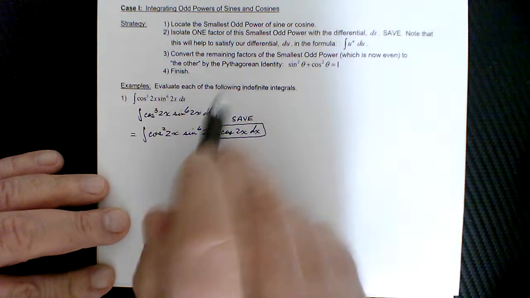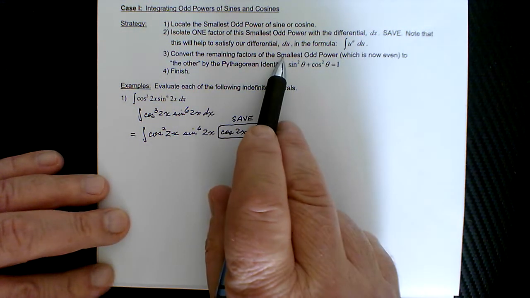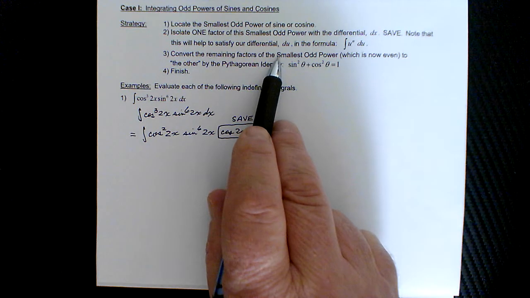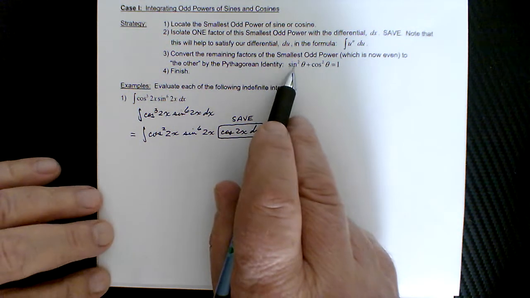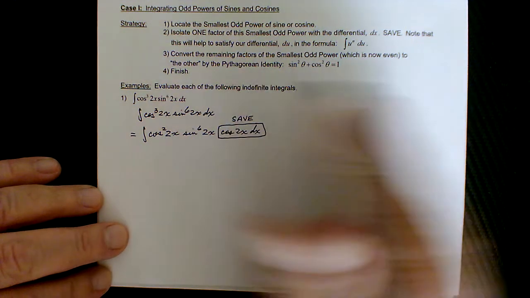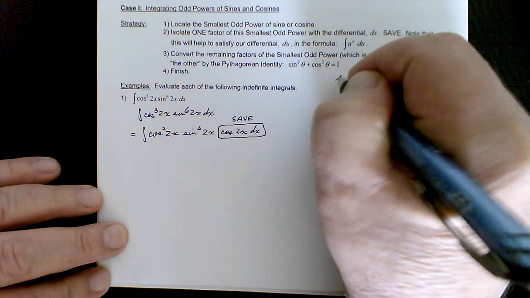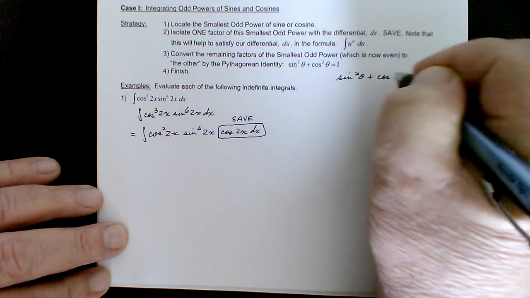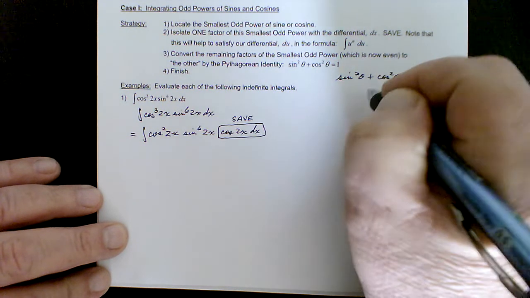So we're going to now convert the remaining factors of cosines to sines by the Pythagorean identity. So that's just a simple transposition. We have sine squared theta, not to insult you, plus cosine squared theta is 1.